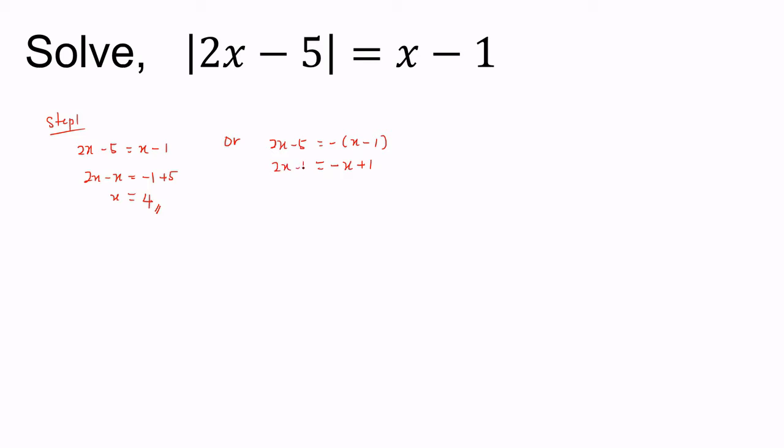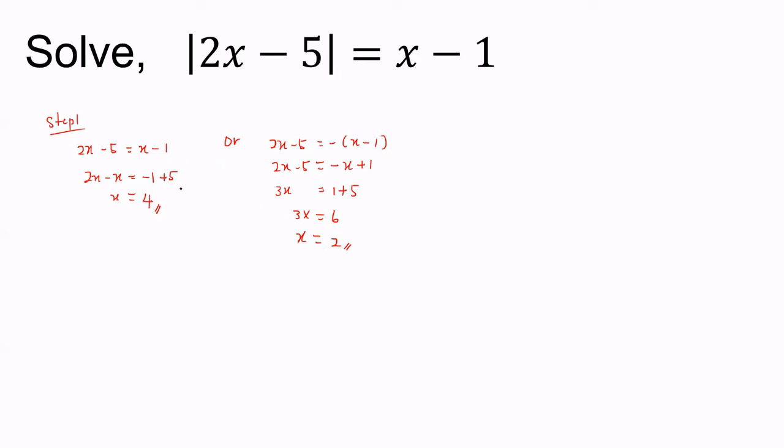So we simplify it: bring that minus x to the left-hand side and add it with the 2x, we get 3x equal to, and bring the minus 5 to the right-hand side, we get 1 plus 5. So 3x equal to 6, and we get x equal to 2. This is the critical point when the absolute function is negative.